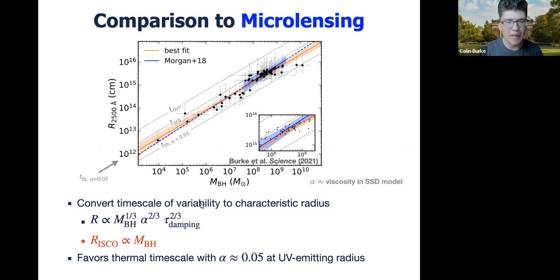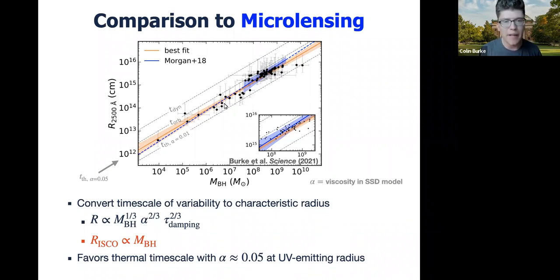So we did that. So we know the timescale from our optical data. We know the black hole mass, and we don't know alpha, which is the viscous parameter in the standard model of accretion disks.